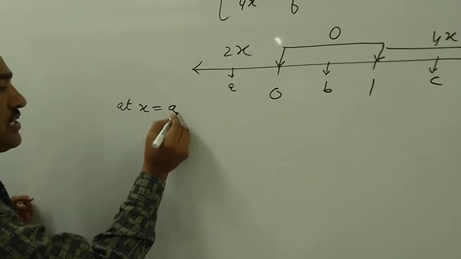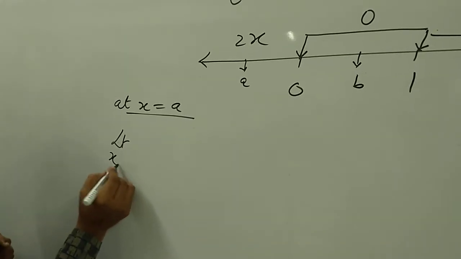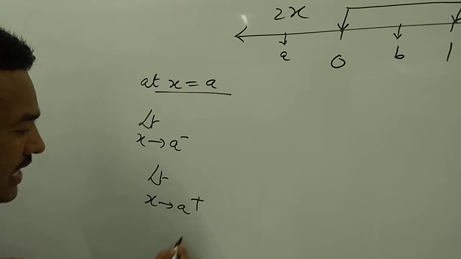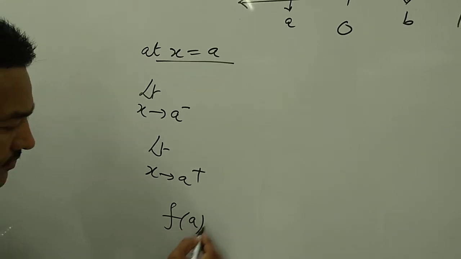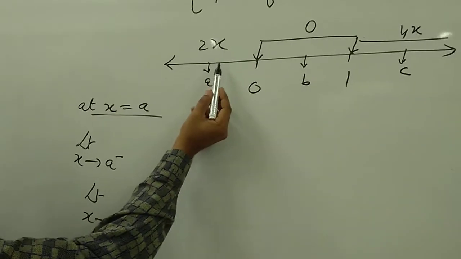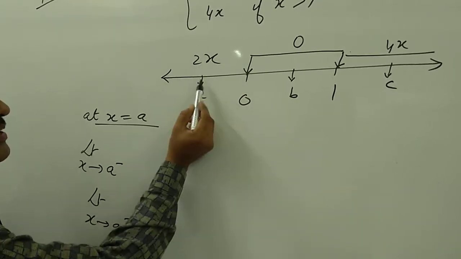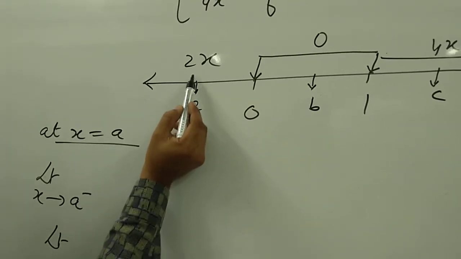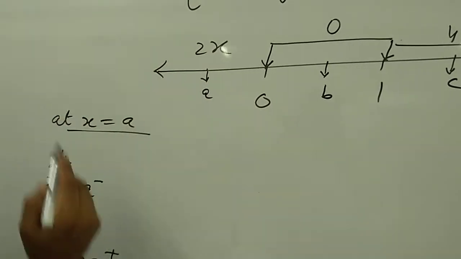First of all, at x equals a, we take its left limit, its right limit and its value at a. Very clearly, children, look at this number line. Take this point a: left of a, right of a, or at a, the function is 2x only.